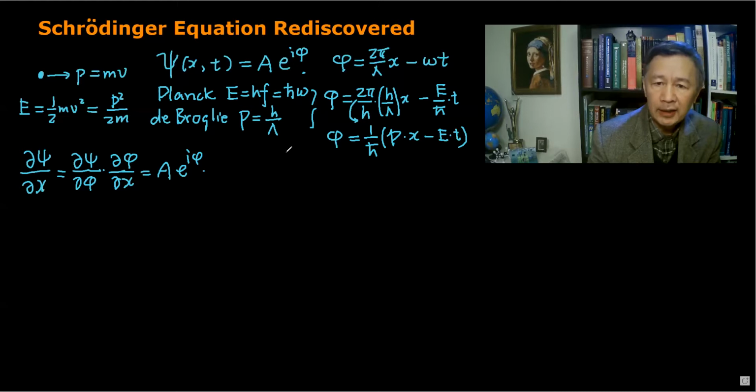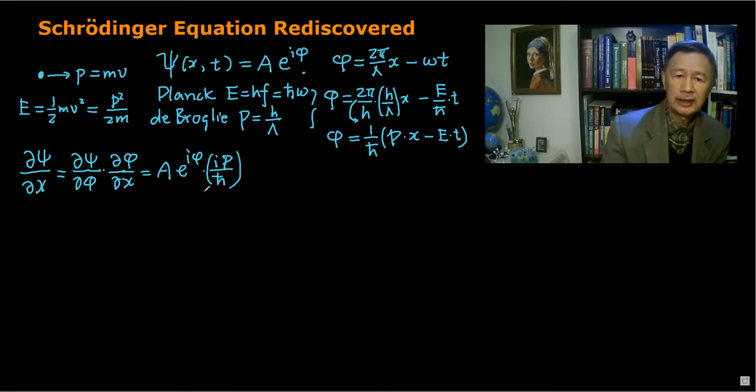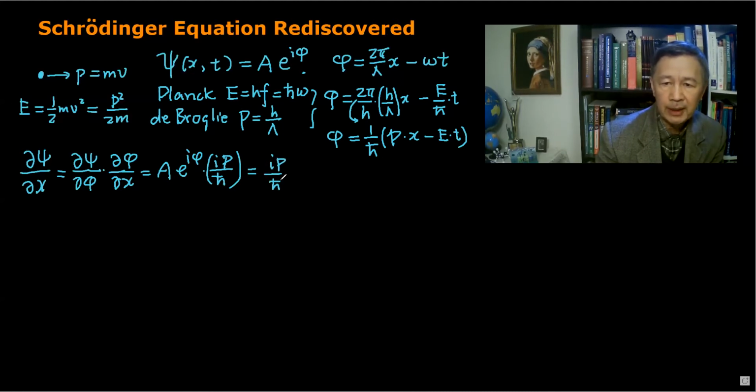And here we use the chain rule. The partial phi with respect to partial x is simply i p divided by h bar. That is the first derivative. Actually, it can be simplified as a factor i p divided by h bar multiplied by psi, the wave function.